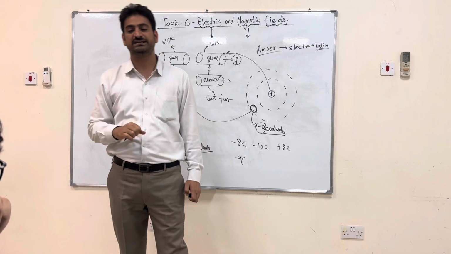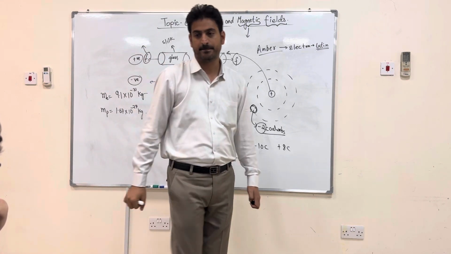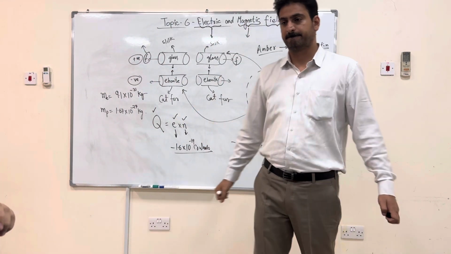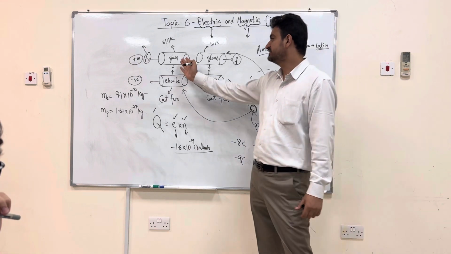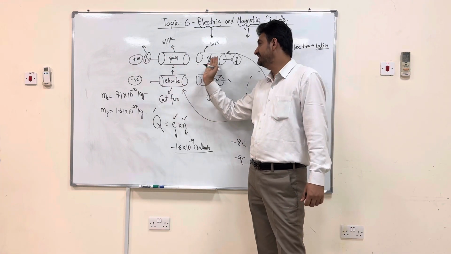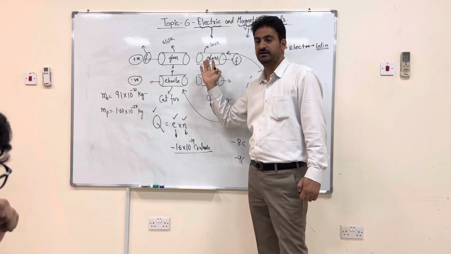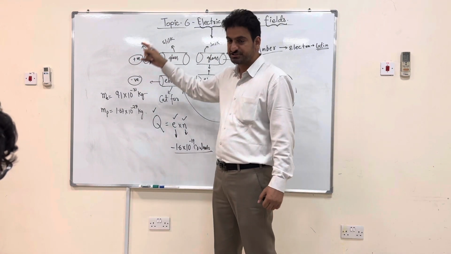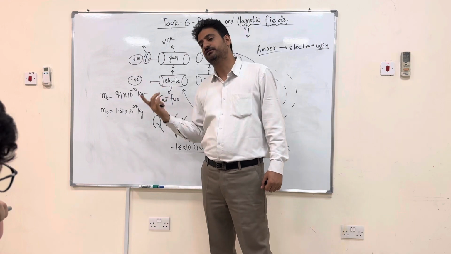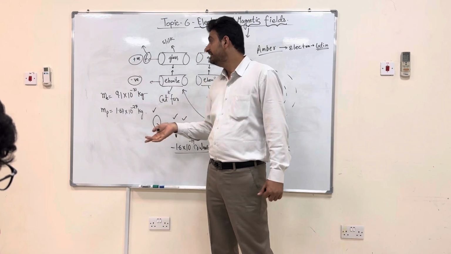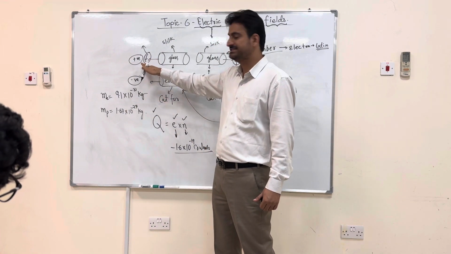Why do we say electrostatic force? Because they stay in one place. The charges on this glass rod and the charges on this glass rod are where they are. They're not moving. So we say that this is electrostatic force.